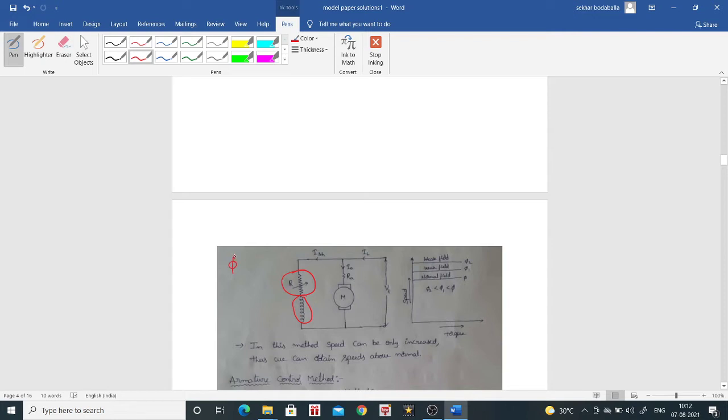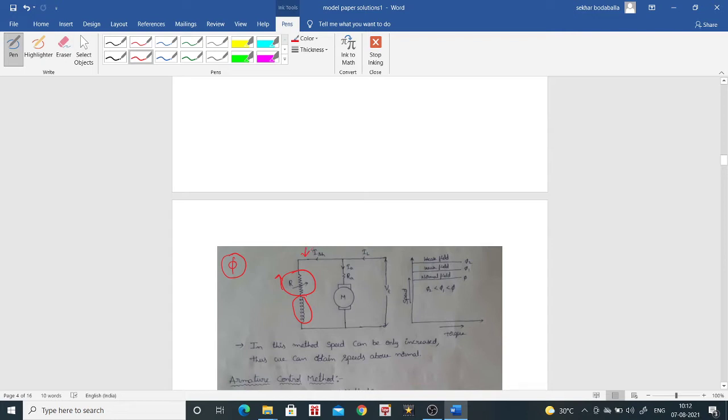In order to change the flux, we insert a resistance in series with the field winding, and we gradually increase the resistance. As the resistance increases, ISH will decrease.